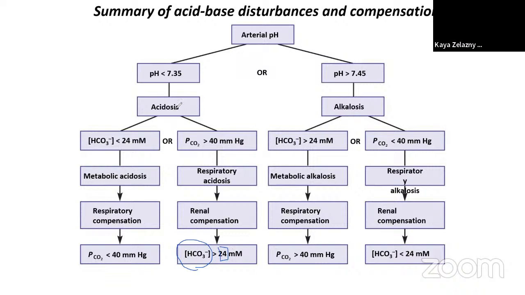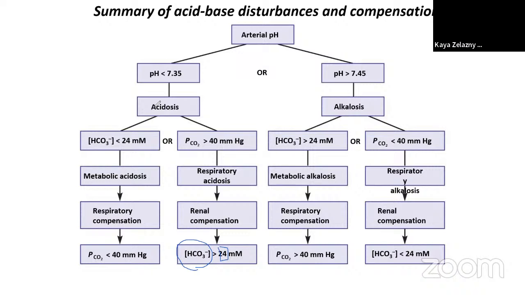All right. So on the flip side, let's say we know we're in acidosis, but we measure the CO2, and it's not above 40. It's probably even going to be below 40 in this situation. We'll see when we get to the bottom.